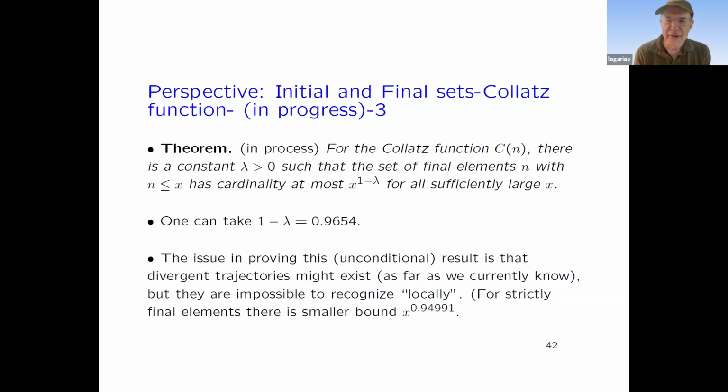And the strictly final elements, you can prove, up to x, there's at most x to the 0.94991. That is the constant that corresponded to the stopping sign. So you see there the density of the strictly final elements is less than the density of the amount you can prove for final elements.